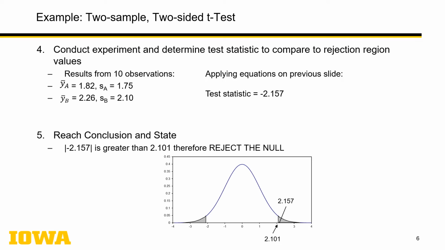Yes, that's what happens when you have to subtract, in this case, YA from YB. 1.82 is smaller, so you end up with a negative test statistic. But we put that into its absolute value form and compare to the table value, and yes, we are just able to reject the null. 2.157 is just bigger than 2.101. So you can see exactly the same approach, except we have now two samples to track.